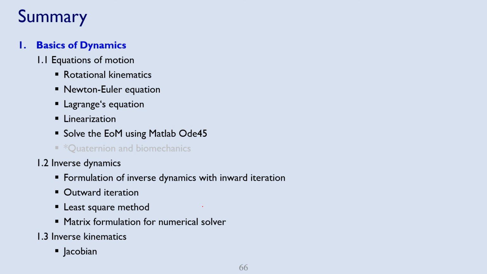Okay, so in this chapter, the very first chapter on the basics of dynamics, we reviewed how we can obtain the equations of motion, and we also learned how we can solve them using MATLAB ODE45. Inverse dynamics may be the most useful chapter for you to handle human body dynamics and human biomechanics analysis: how the joint forces and torques can be obtained from the measured kinematics information.